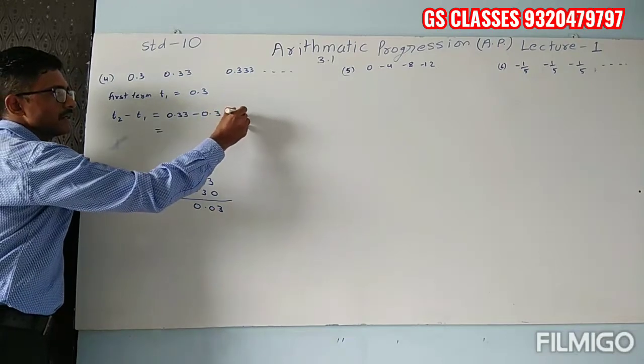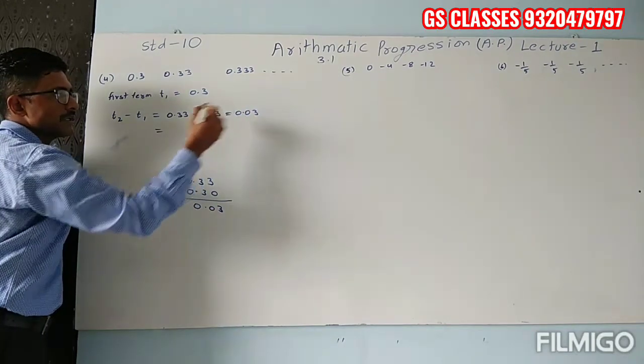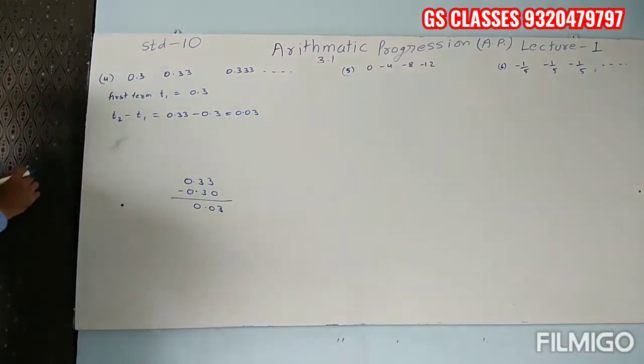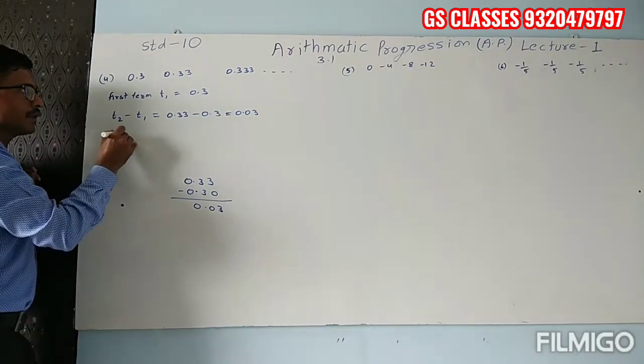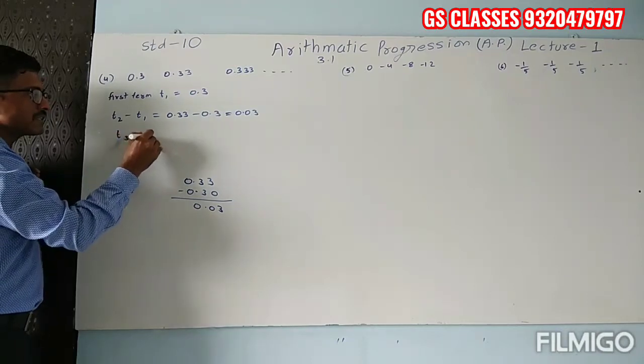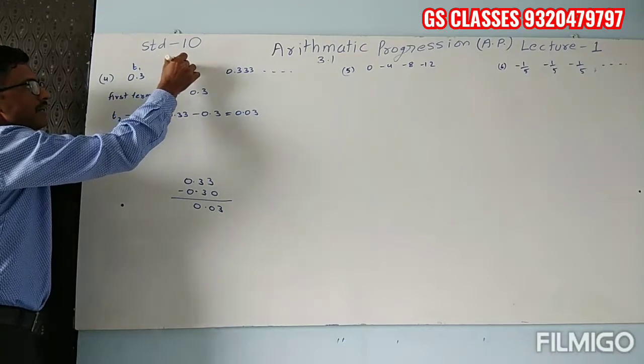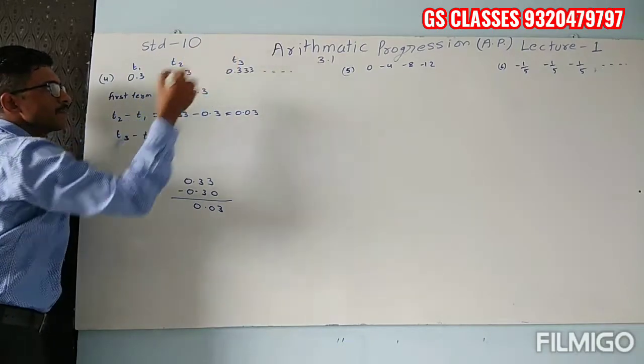So write here 0.03. Similarly, we can take T3 minus T2. Only for your reference I am writing T1, T2, T3.